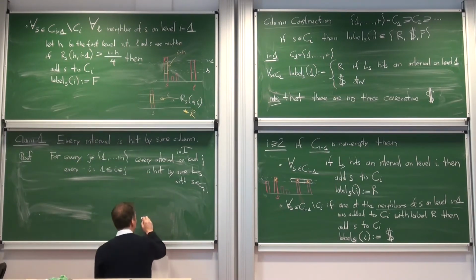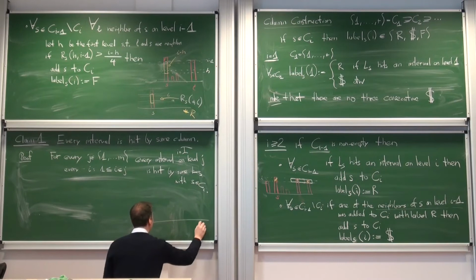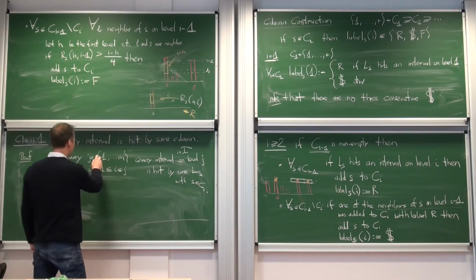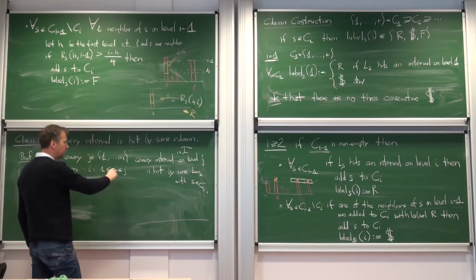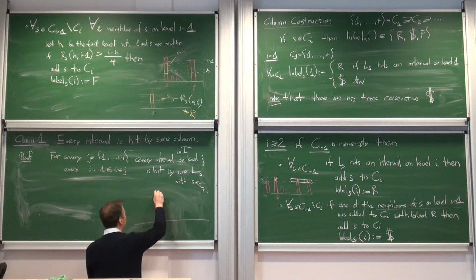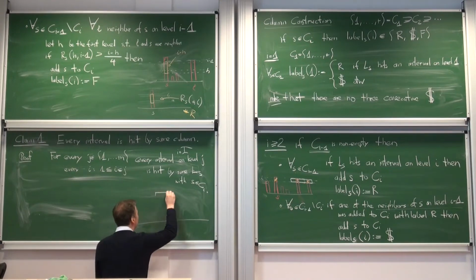Okay, so once again, let's depict what we are actually doing here. So first of all, we have a level j, and we'll consider an interval on level j. Yeah. So here is our brick. Yeah. That's our interval. Say, let's call it v. Yeah.